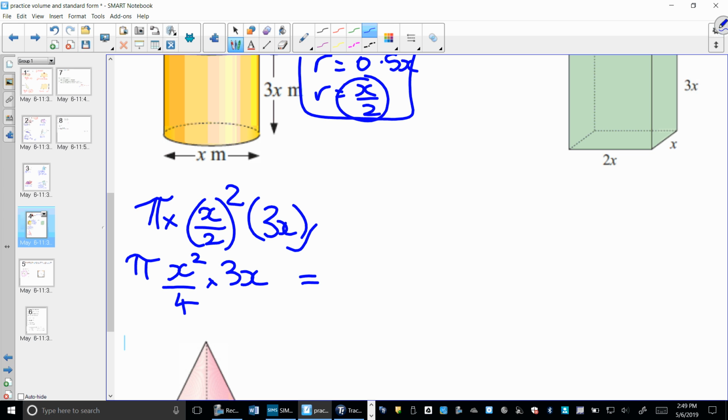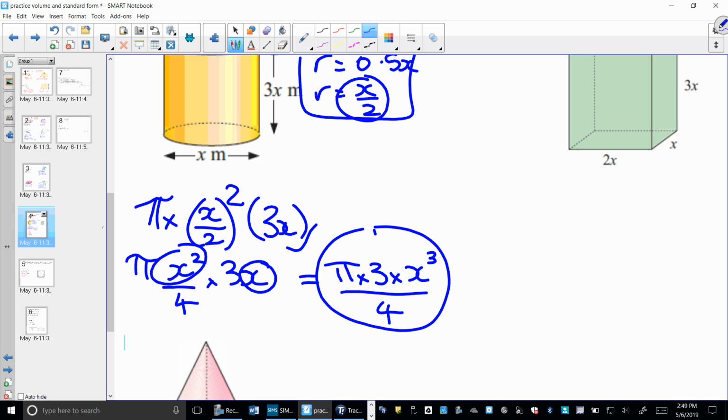We've got an x squared multiplied by an x. What happens when we've got x squared multiplied by another x? It becomes x cubed. So we've got pi multiplied by 3 multiplied by x cubed over 4. Any order of those things here is brilliant.